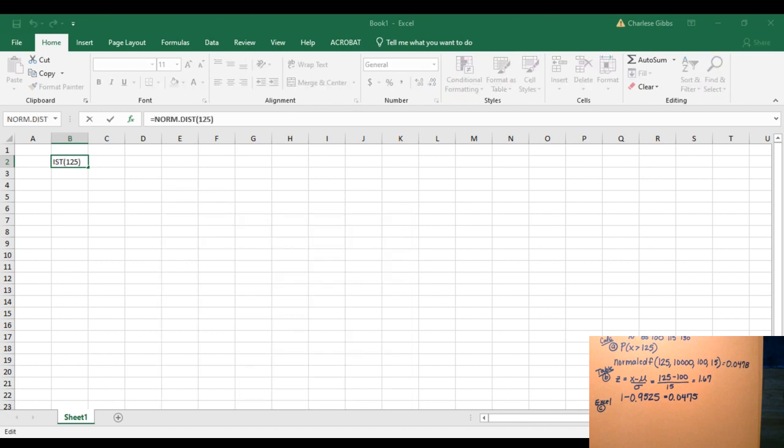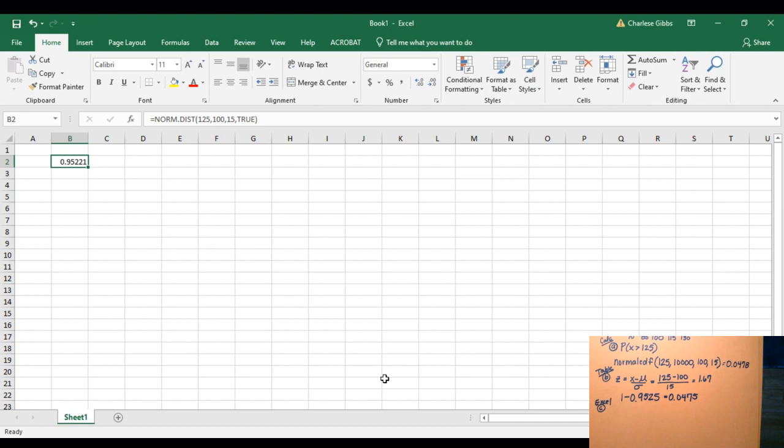My x value was 125. Our mean is 100. Our standard deviation is 15. And we're going to write true because we always do the CDF for normal distribution in this course. And this gives you the actual area. So now you have to decide if this is going to be like the table.